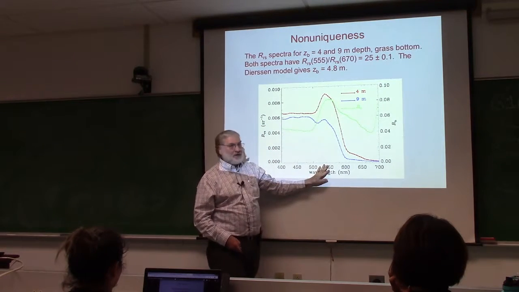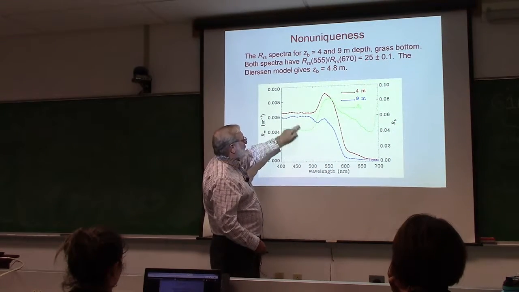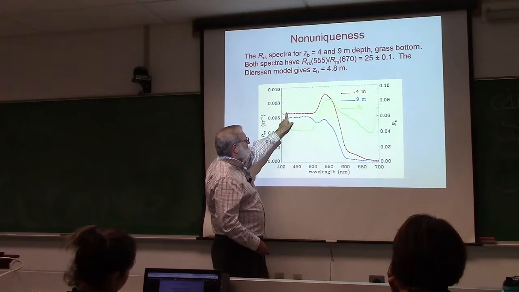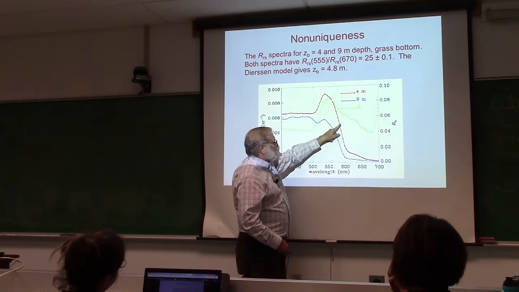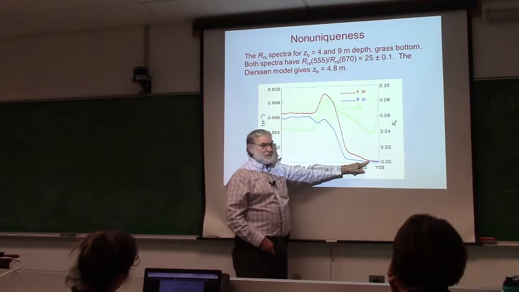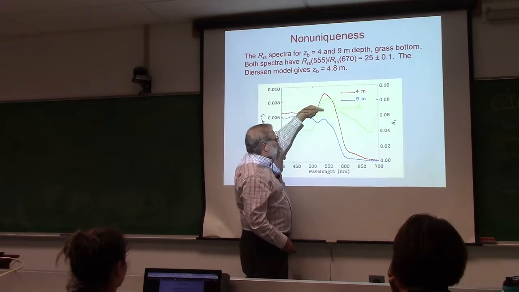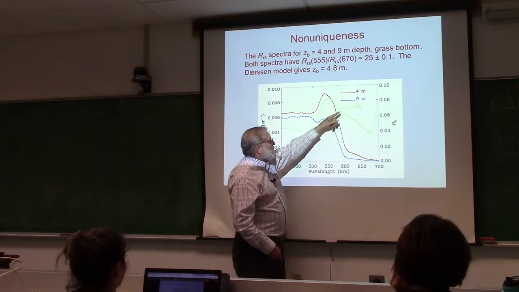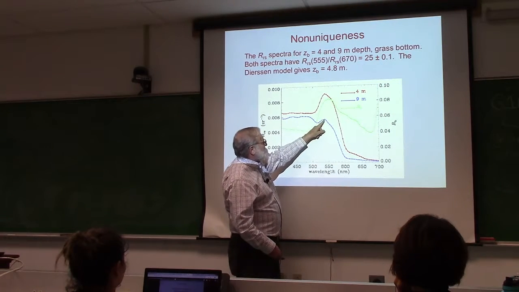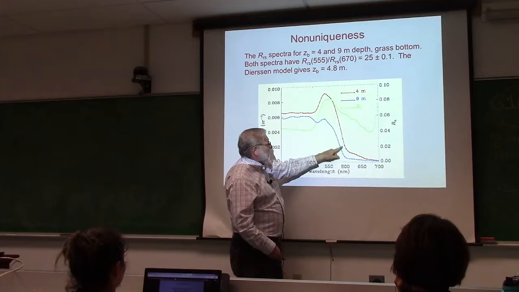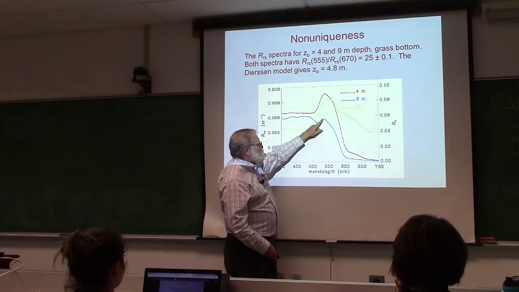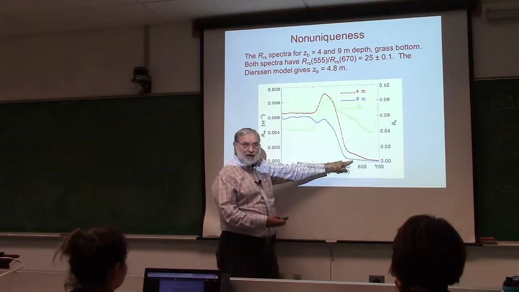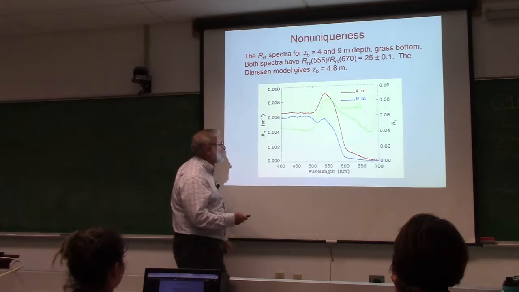That's why it's green seagrass. Now, when I run this bottom at 4 meters deep, here's this remote sensing reflectance spectrum. And it's got a big bump in the green because you're seeing the green bottom. When I run it at 9 meters, there's a little bit of a bump there, but basically the water absorption and the depth is kind of knocking out the fact that you're seeing the bottom.